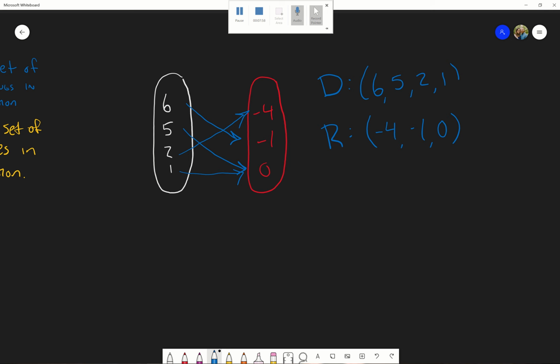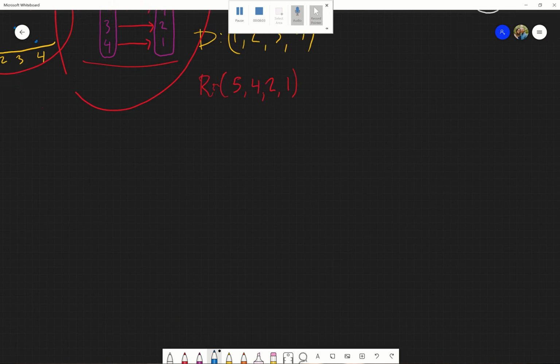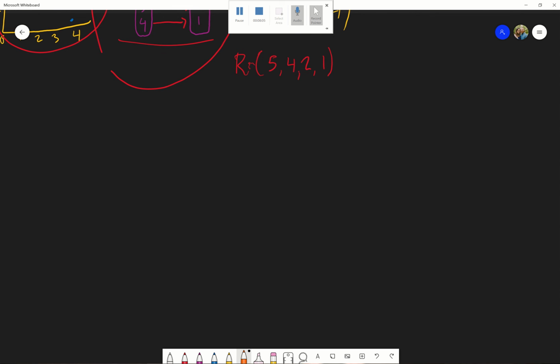All right, we have one more vocab word today, and this is called function.